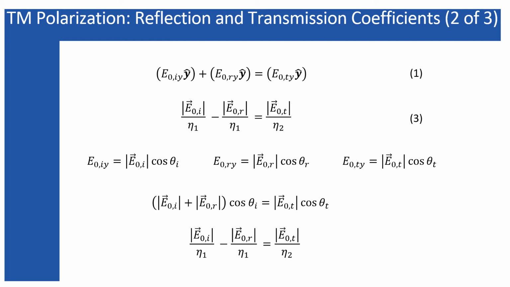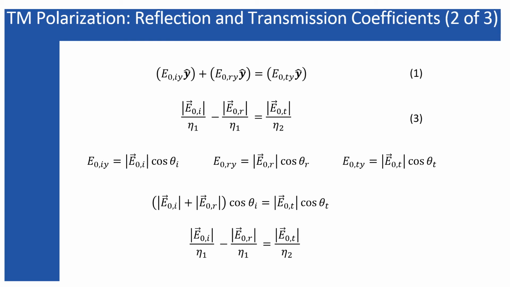So from equation 1 and equation 3, all the exponential factors that depend upon the y component get cancelled, and finally equation 1 can be reduced as shown over here, and equation 3 can also be reduced as shown over here. And from here you can easily identify that these two equations look similar to what I obtained for the normal incidence case.